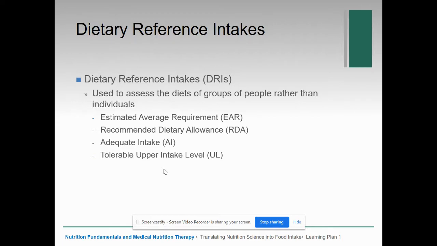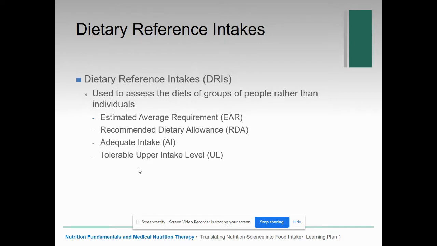The first one that we're going to talk about is the estimated average requirement. What I want you to remember with the estimated average requirement is the word group. This is a nutrition benchmark for groups. What nutrient is needed to meet 50% of the needs to prevent a deficiency.